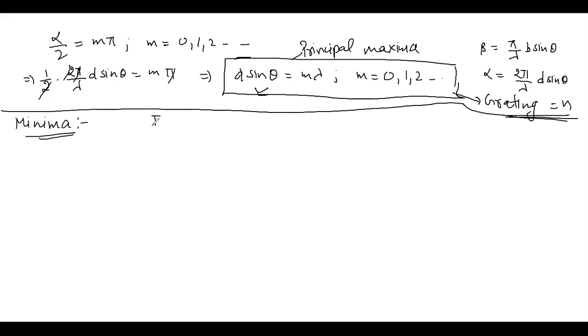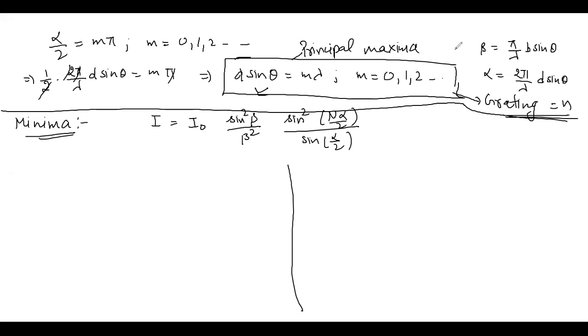Your expression for intensity is given by this. And these are your beta and alpha again. For minima, that means we would like your intensity to be 0.